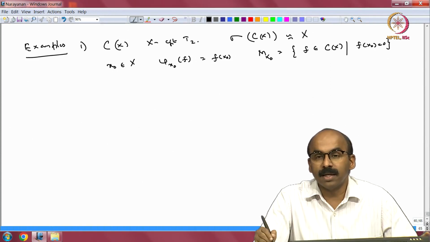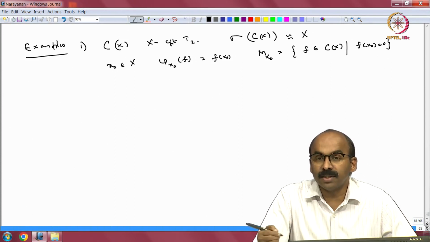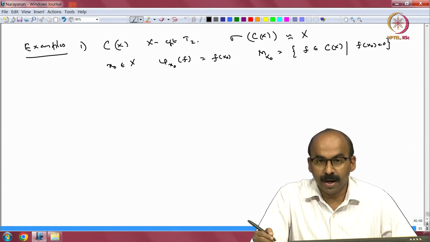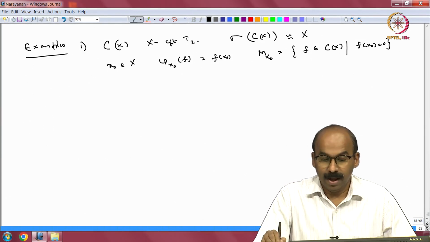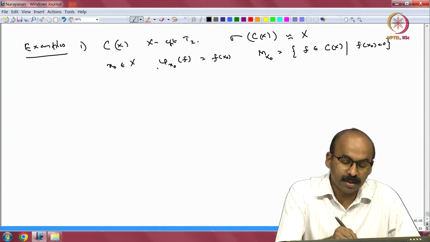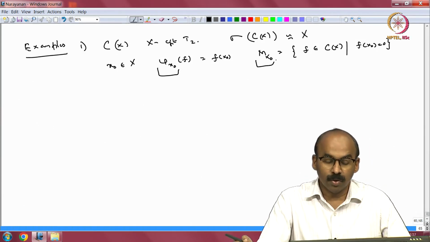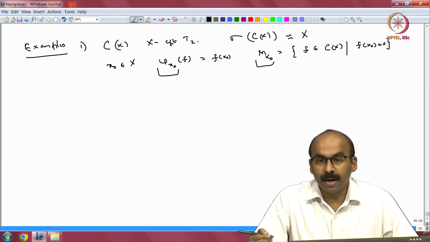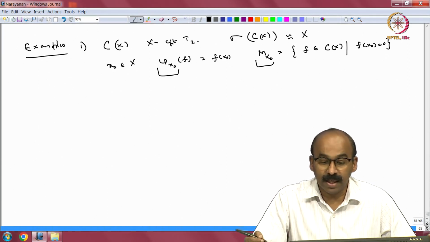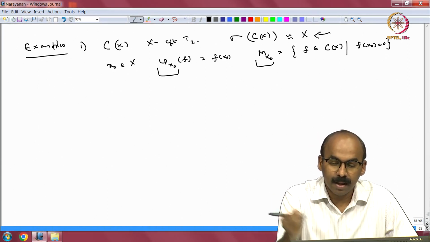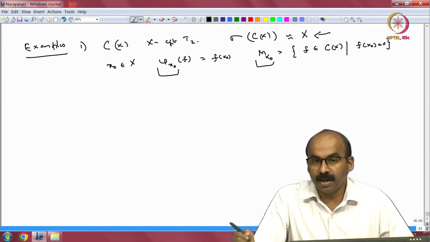Of course, they may vanish at other points also, but look at all functions vanishing at this fixed point x naught; that is a maximal ideal, and this is a one-to-one correspondence. So, phi x naught corresponds to m x naught, and the maximal ideal space got identified with X.